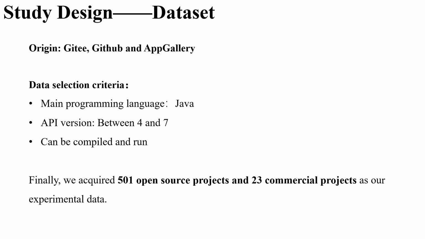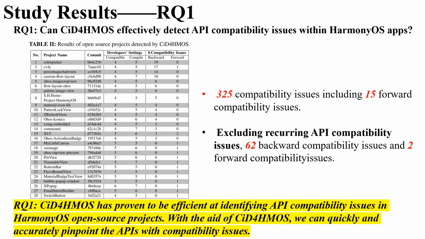The first research question we addressed was, can CiD4HMOS effectively detect API compatibility issues within HarmonyOS apps? To answer this, we applied CiD4HMOS across all the open source apps we have gathered. Overall, our analysis uncovered 325 compatibility issues, including 15 forward compatibility issues, distributed across 47 out of the 501 open source projects.